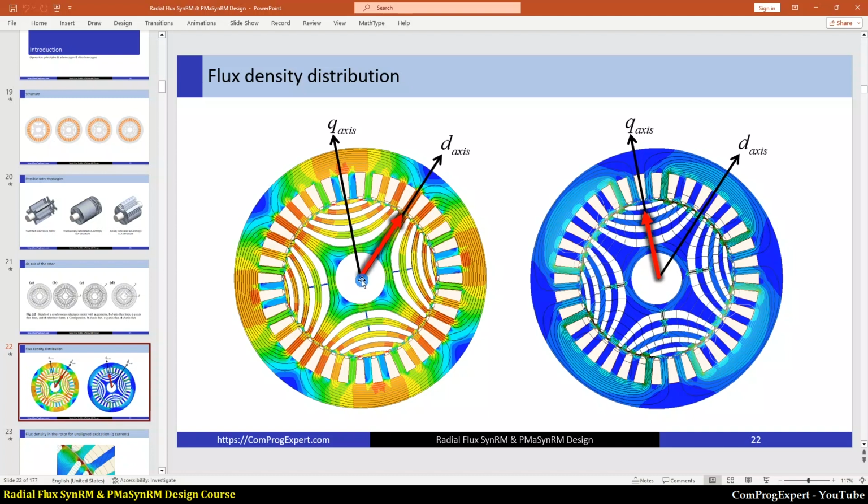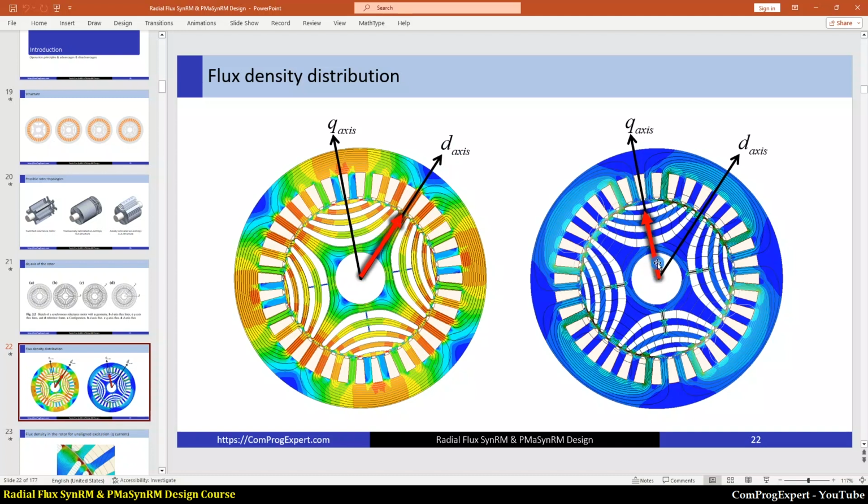This is the d-axis of the rotor, and this is the q-axis, and this is the situation when the current angle is 0 electric degrees and the stator field aligns with the d-axis of the rotor.